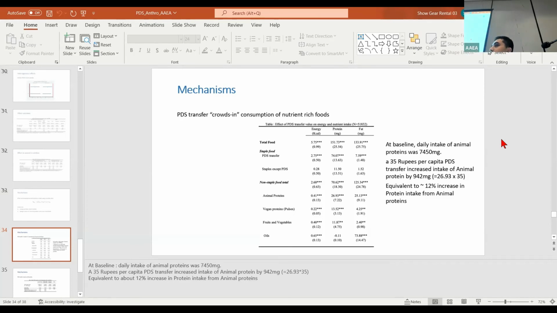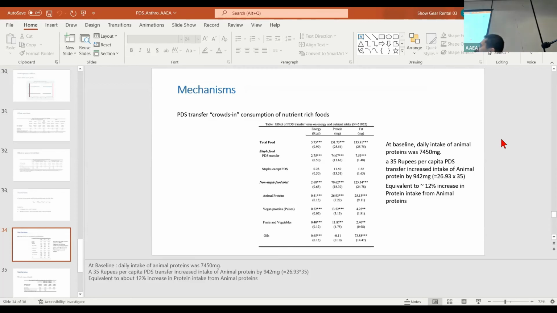But households do not increase their purchase of staples from the market. So that is one mechanism through which the transfers are affecting outcomes, because the transfer comes in and they're reducing or not changing their out-of-pocket expenditure on rice and wheat. That extra saving is being used to consume more nutritious food.